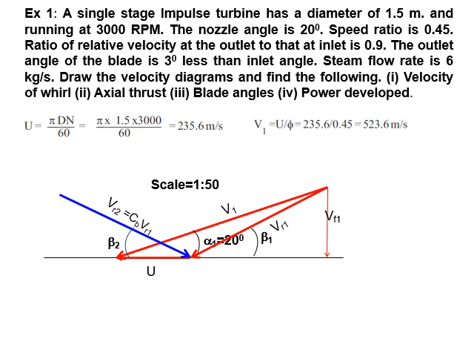Now join this intersection point of the VR2 line with one end of u. Now we get the absolute velocity at outlet. From that intersection point, draw a perpendicular line to the horizontal. That is Vf2, the flow velocity at outlet. Now the inlet and outlet velocity triangles are completed.